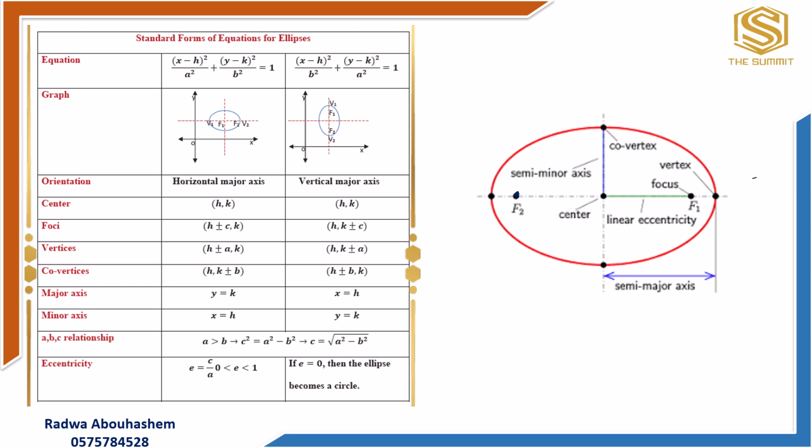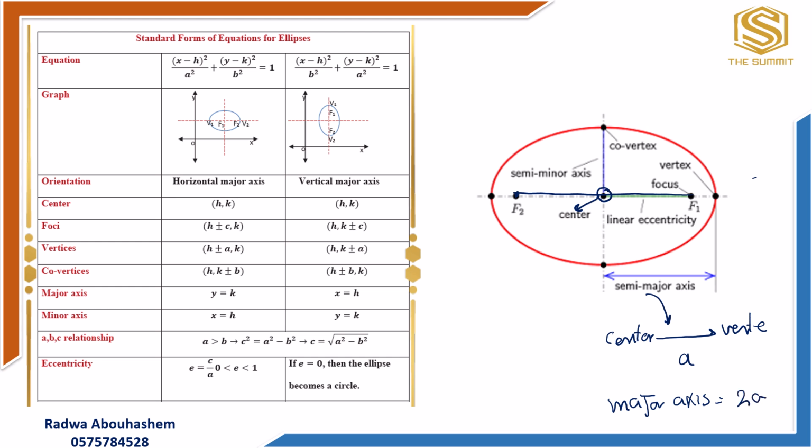Now, the midpoint between the two foci, I call it center. And the distance between the center to the vertex, I call it semi-major axis, a. So this means that the major axis equal to 2a.